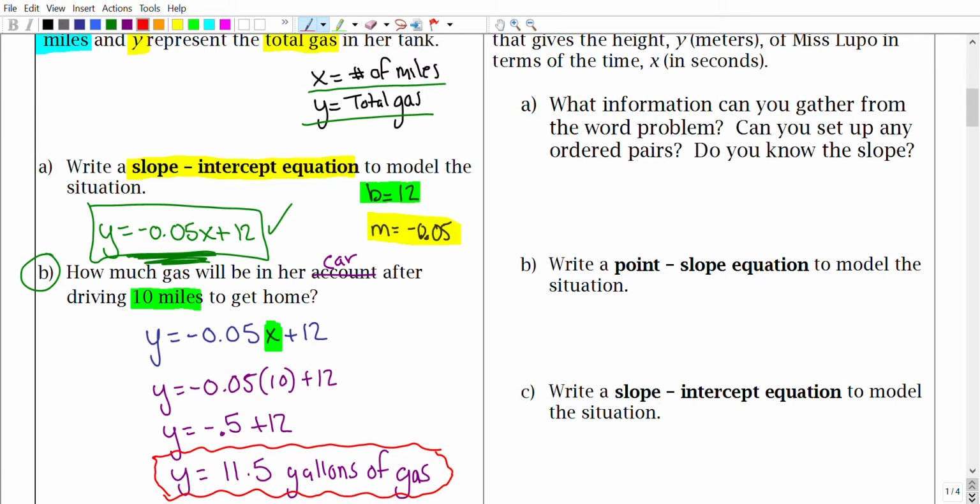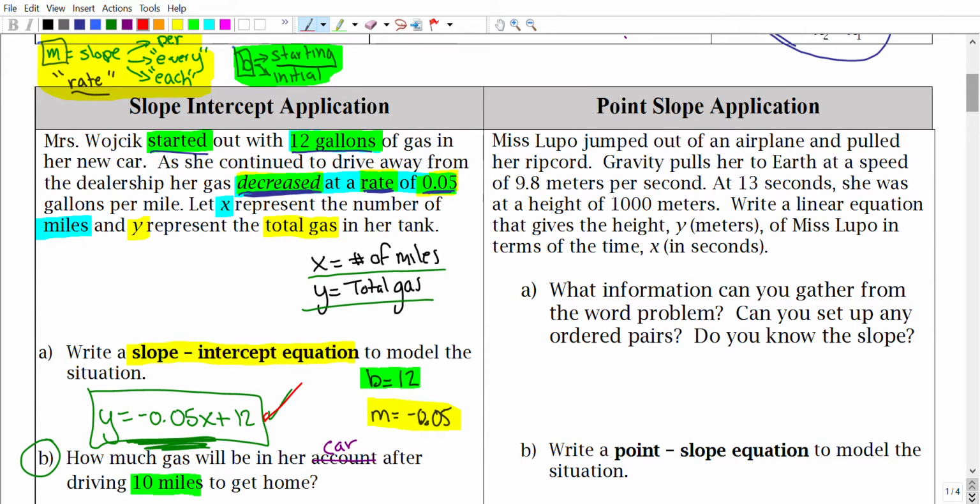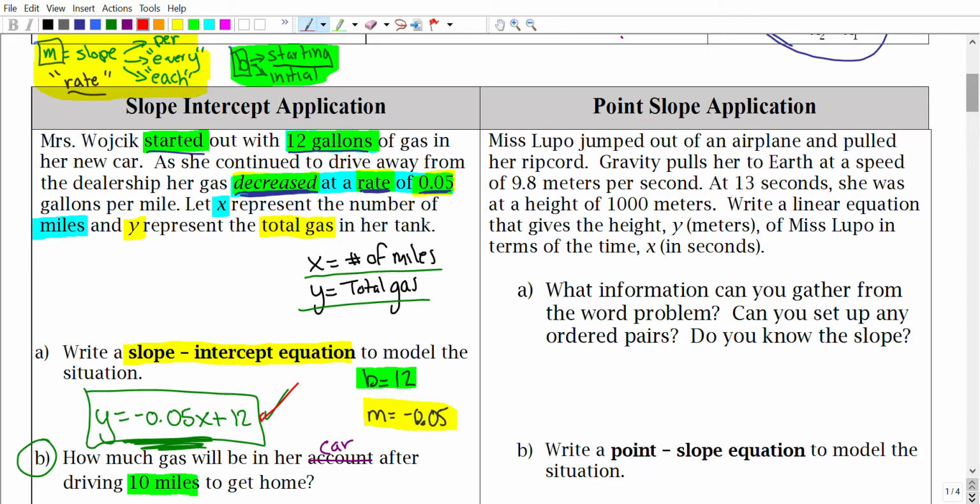Okay, so we have our answer. So again, guys, the reason why we make linear models like that is to be able to answer these types of questions. If we wanted to know how much would be left after 80 miles, then we can go ahead and just substitute that into the x value. Okay? Alright, so let's go ahead and look at a situation that would be in point slope form.